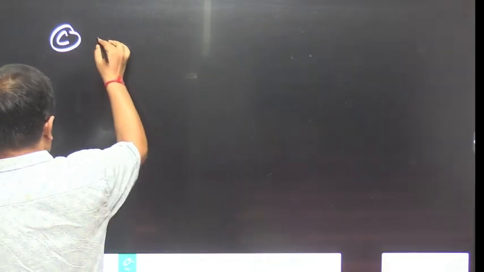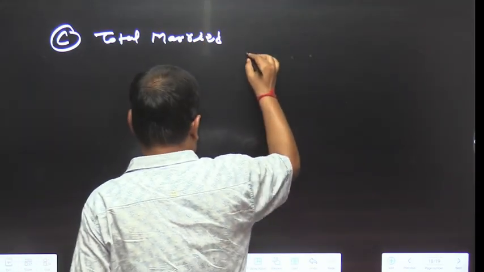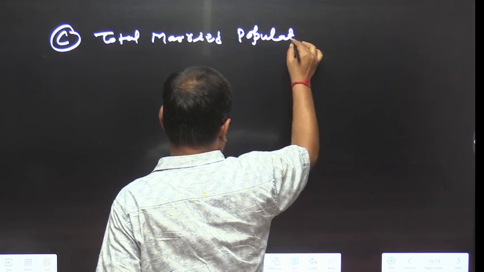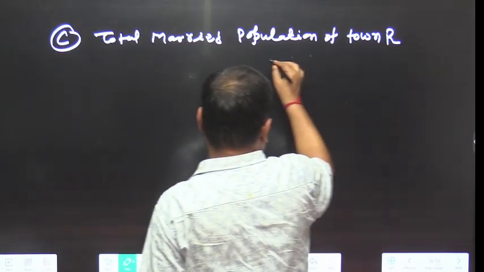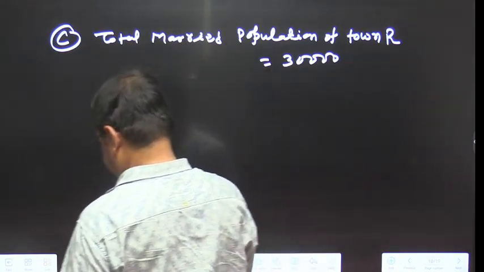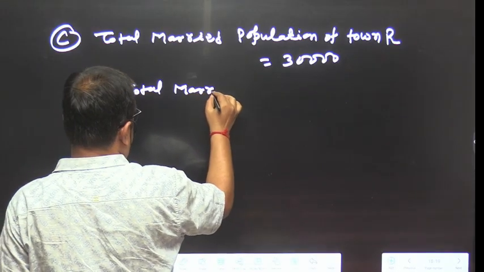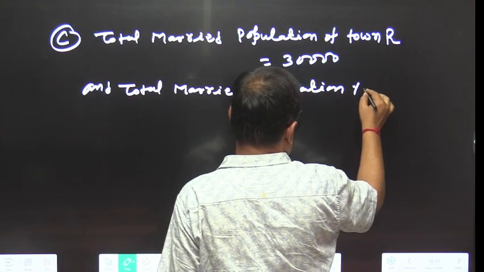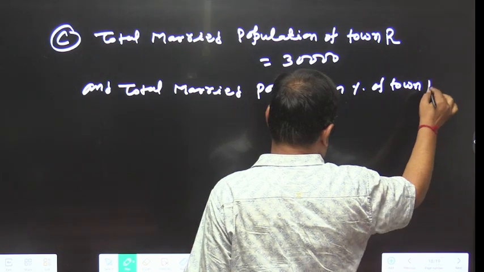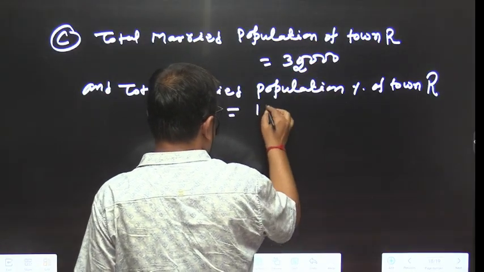First of all, keep in mind the total married population of town R equals 32,000, and the total married population percent of town R equals 16.